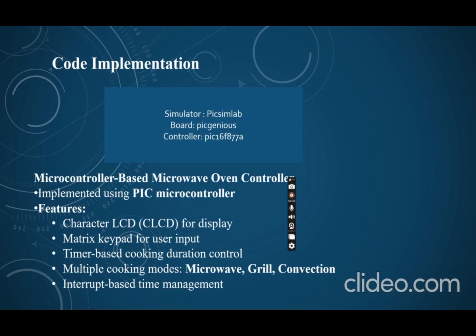CLCD interface: we have gone through CLCD.h and CLCD.c. In the header file CLCD.h the functions are defined, and in CLCD.c we call the functions. The CLCD interface manages the communication between the microcontroller and the character LCD display.